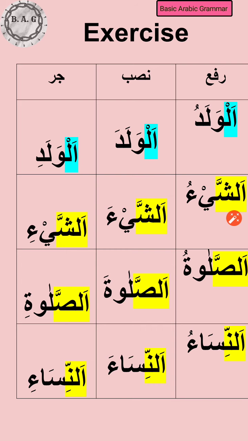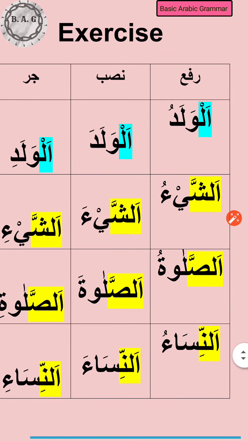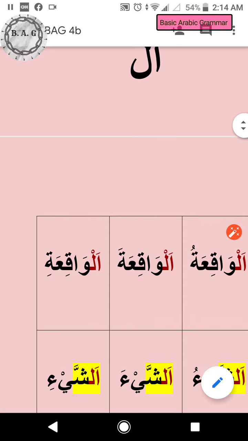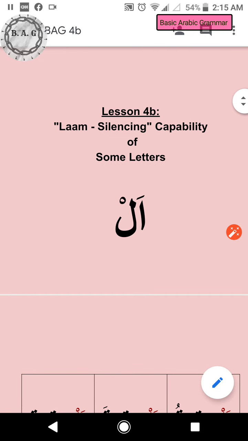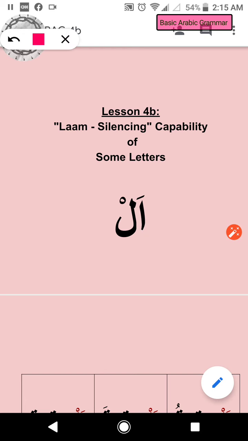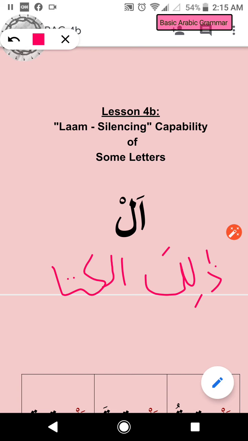Okay. So, this is the end of the lesson. And the next lesson is about how to join two words together that have an al between them. Let me just give you an example. For example, in Surah Al-Baqarah, we have Alif Lam Mim, Zalikal Kitabu. So we have Zalikal Kitabu.